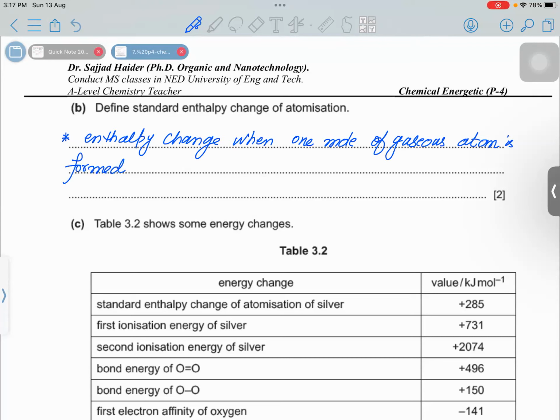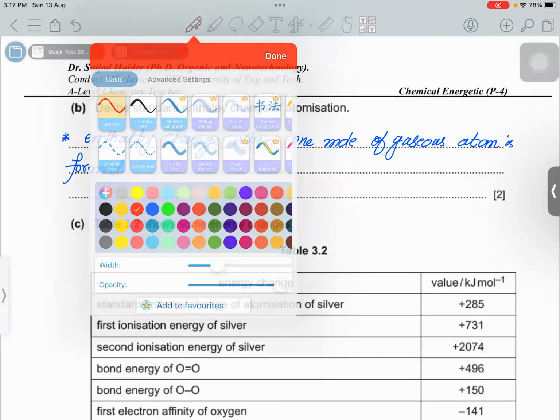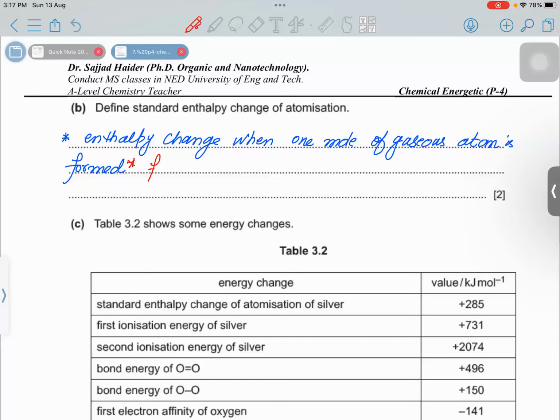Gaseous atom is formed, from its element in its standard state. For example, if you have hydrogen, it should be in gaseous form.